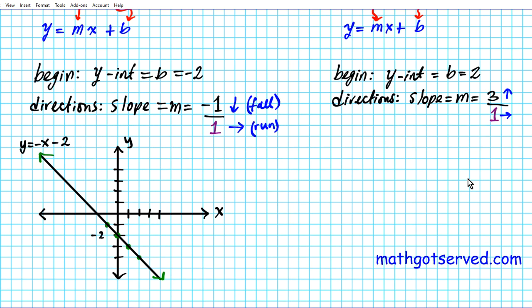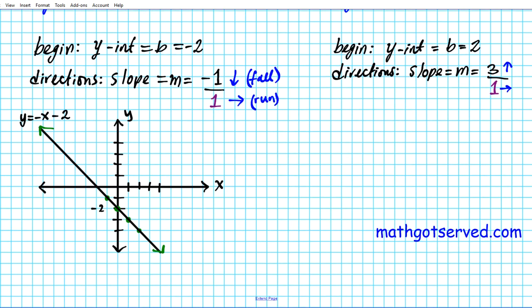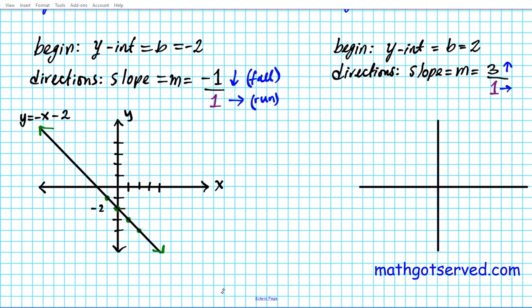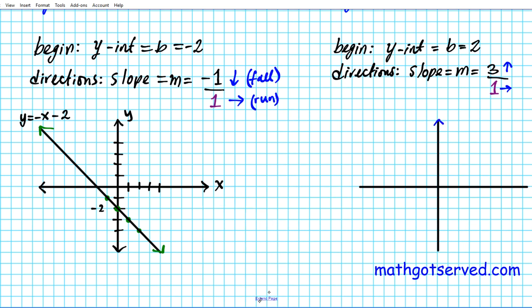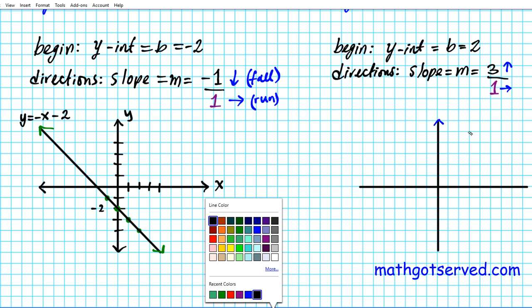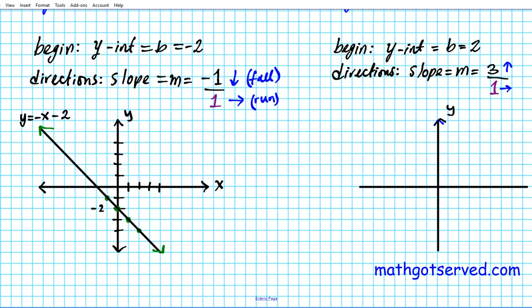Now let's go ahead and use these 2 pieces of information to graph the line. Alright, so there goes the coordinate system. This is my y-axis. Alright, and this is my x. So where do we start graphing from? You begin from b. b is your y-intercept. Don't forget.